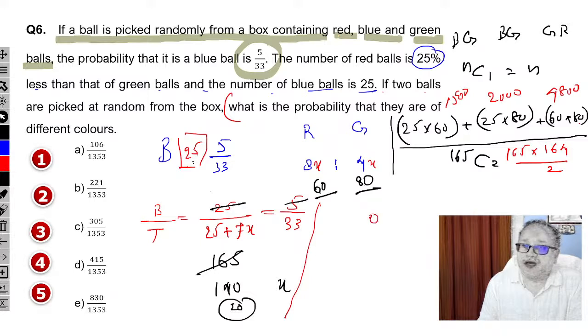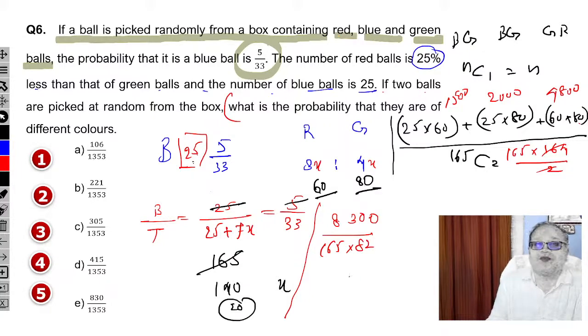That is 0, 0, 8, 5 is 13, carry 1, and 1, 2, 4, and 8 divided by 2, so let's cancel over here, then I get 82. So 165 into 82. Now you notice that some numbers are getting cancelled by 41.